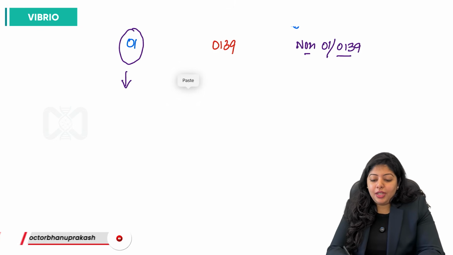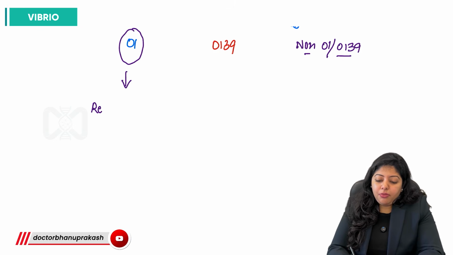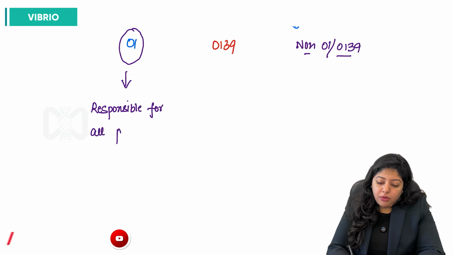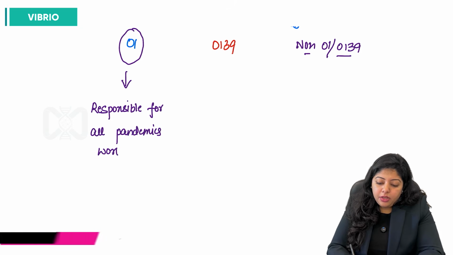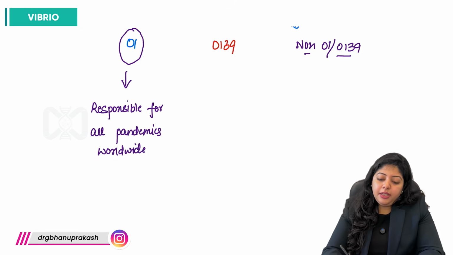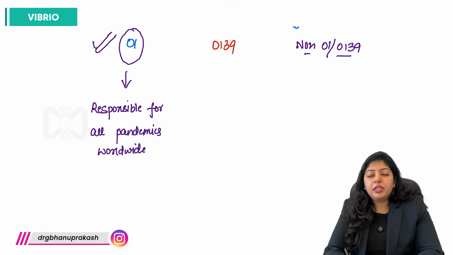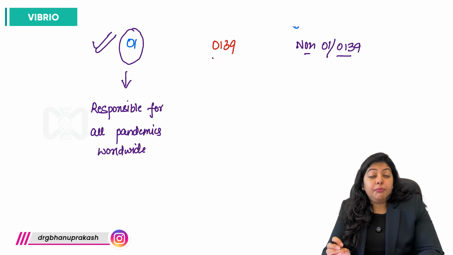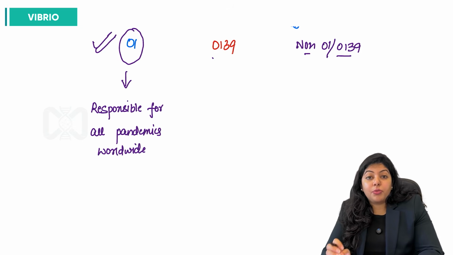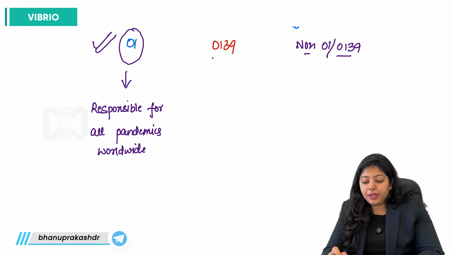This serogroup was responsible for all the pandemics worldwide. It had a major role in all the pandemics, and this particular serogroup was responsible for the majority of the morbidities regarding this particular bacteria, right?